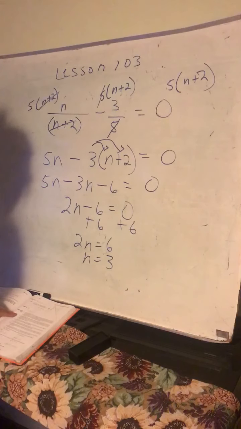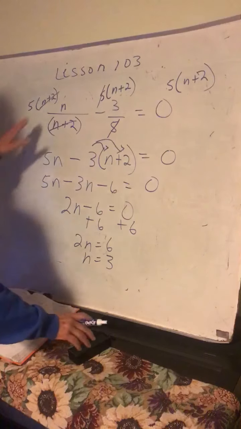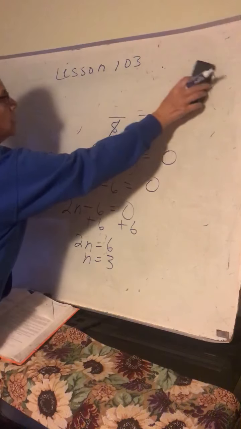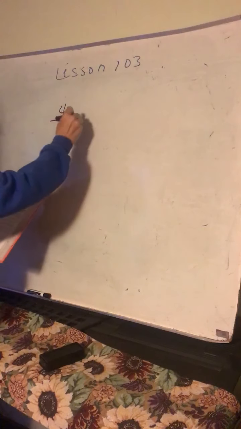I'll do one more with you that is like this, equal to 0. Looks like they're doing more of these. This one is 4 over x minus 7 over x minus 2 equals 0.